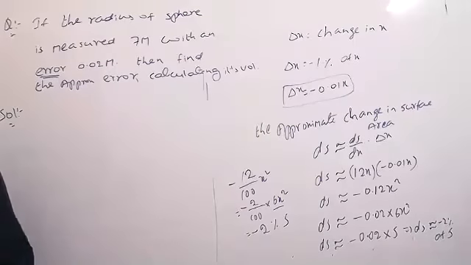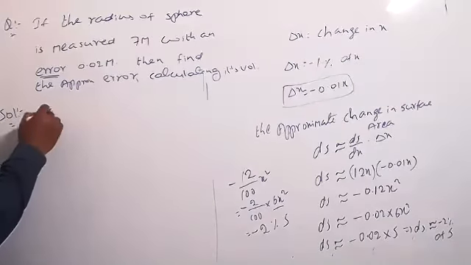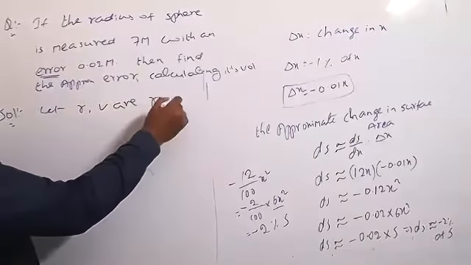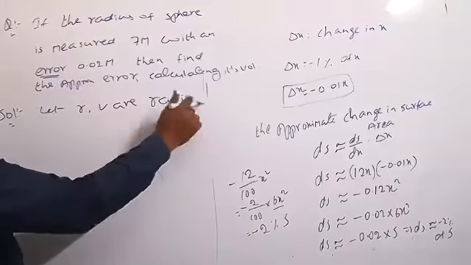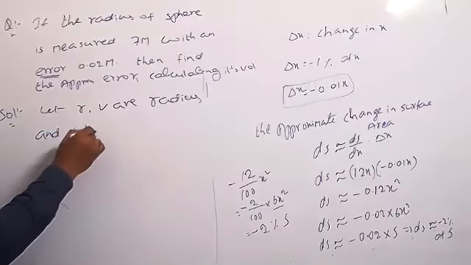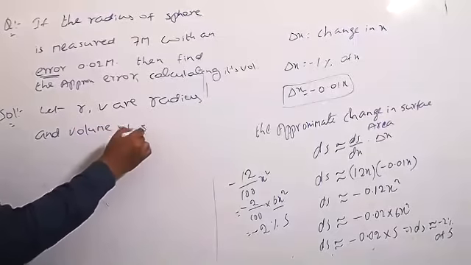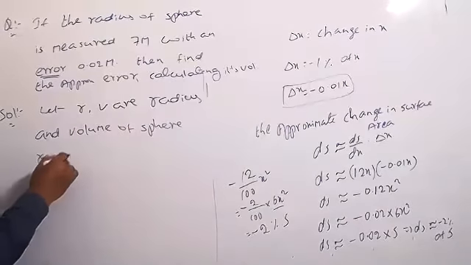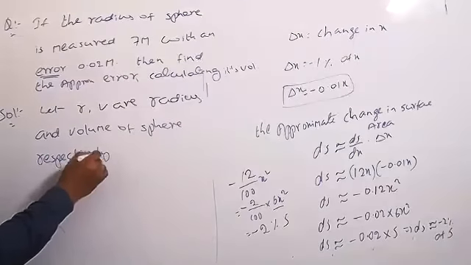We have to find only dv, like the previous ds and dv. First, write: let r, v be the radius and volume of the sphere respectively.